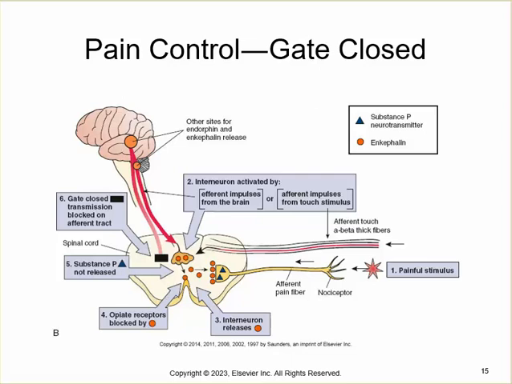Endorphins are a kind of natural opiate, and so the opioids actually block the pain in the same way, like morphine and things.